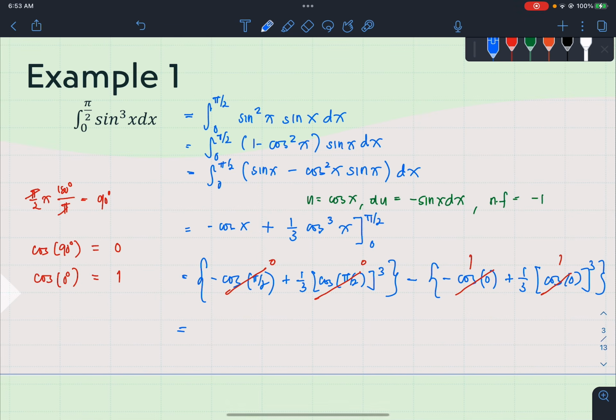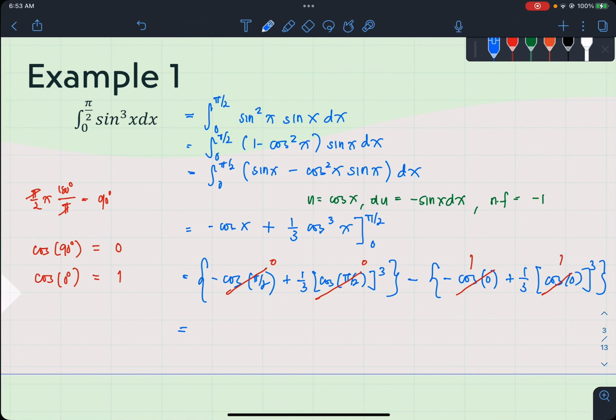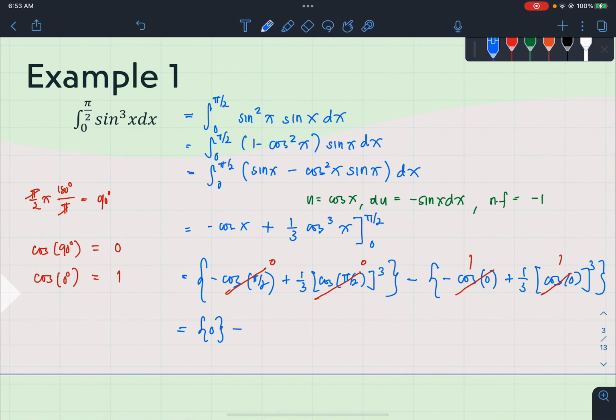So therefore, I'll have negative, so this one is 0, minus, so negative cosine 0, that is 1, minus 1, and plus 1 raised to 3, it's 1 times 1/3. So it's 1/3.